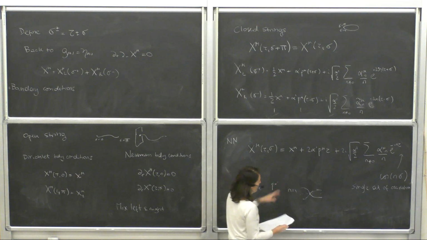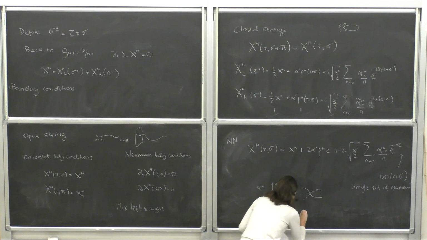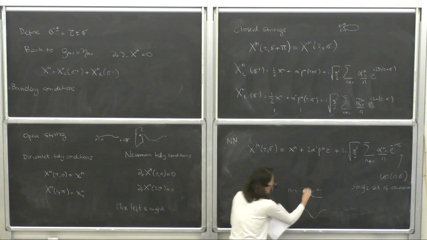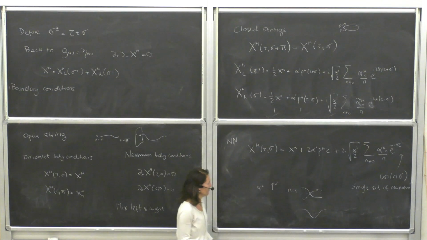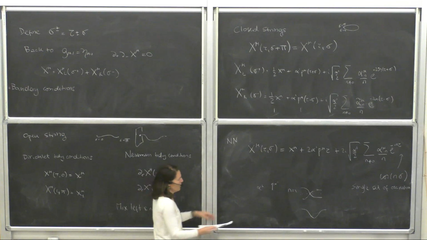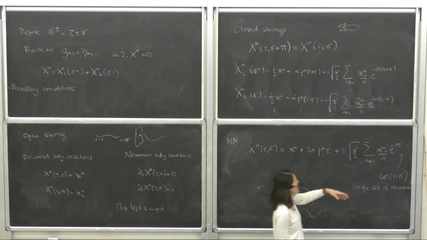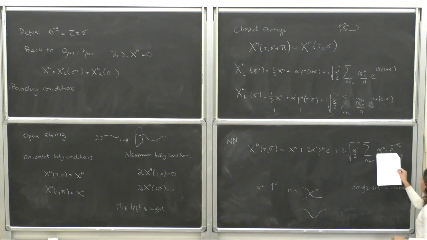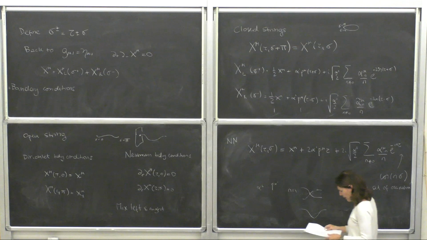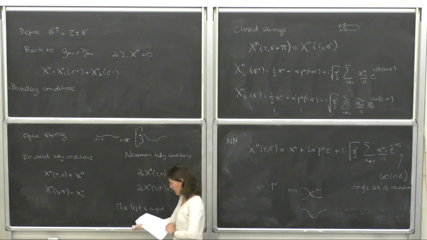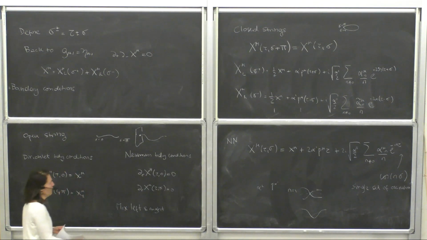If you have n equals 2, it's something like this, it oscillates like that. The oscillation can be in this direction, or a linear combination of directions. Which ones of these are non-zero will tell you in which directions it oscillates. Okay, so far so good.